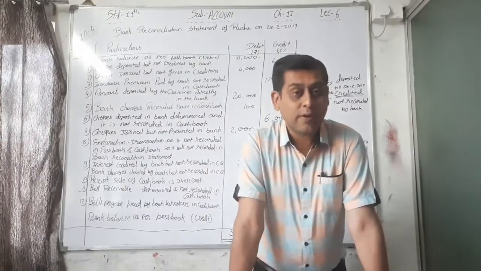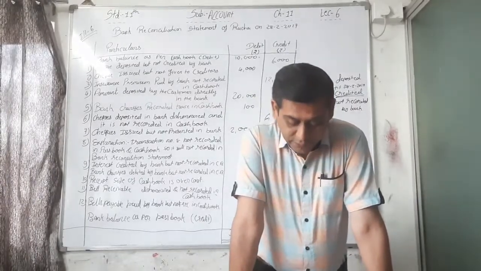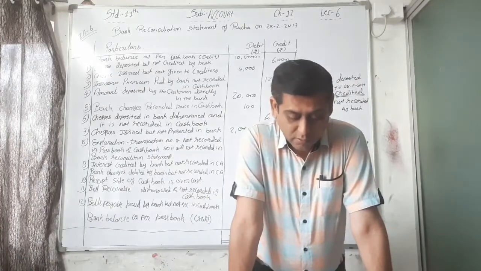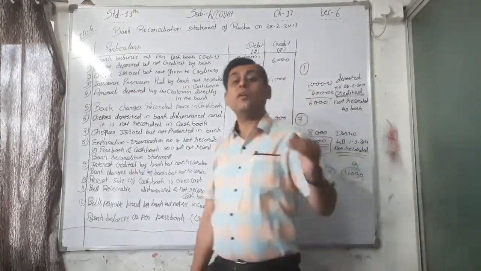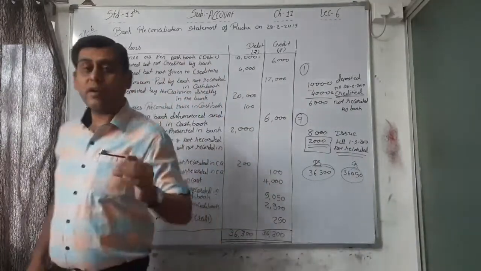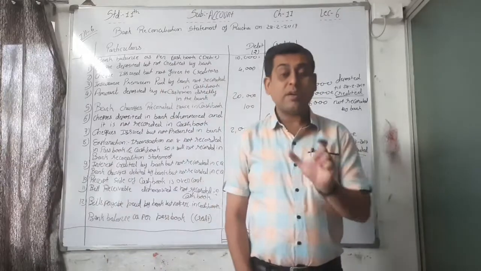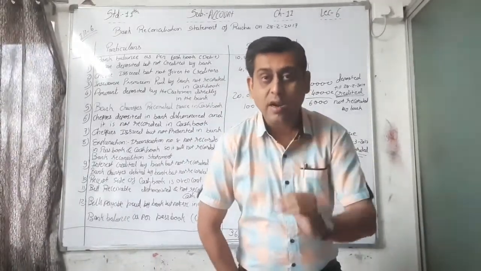Now the seventh point, the total of the receipt side, that means the debit side, of the cash book is cast short by 2,000. Short means undercast. Overcast is recorded as overcast, but the word is changed here. Short cast means undercast.